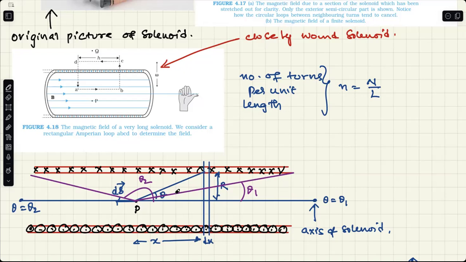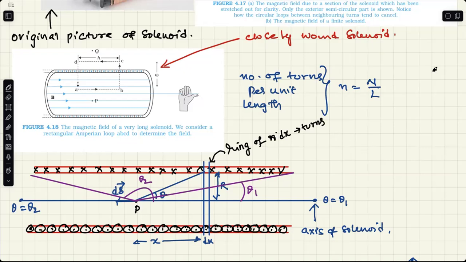This element makes an angle theta at P, and this point P is at a distance x from the center. In fact, this behaves like a ring of n dx turns. Any doubt till this point?